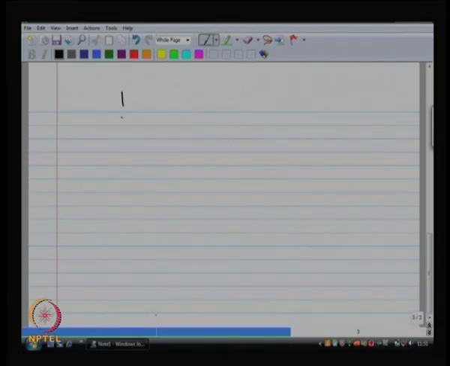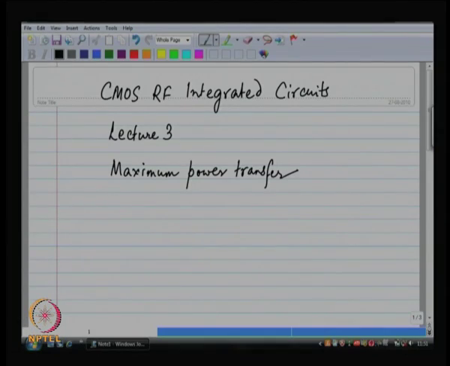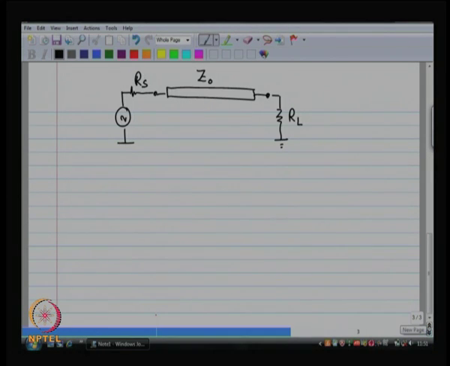Now, in the last class, we studied reflections because of transmission media, etc., and we concluded as follows, that if I have a source, then to avoid reflections, I would like to have RL to be equal to Z naught.